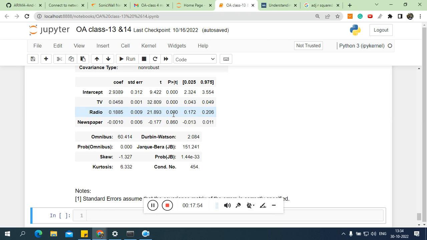No, it is greater, because it is 0.860. Okay, so in the previous session I also told you the newspaper does not significantly impact. That's why when we removed the newspaper part, our accuracy was the same.